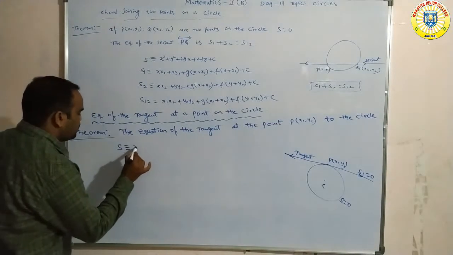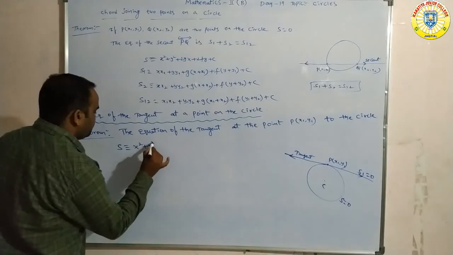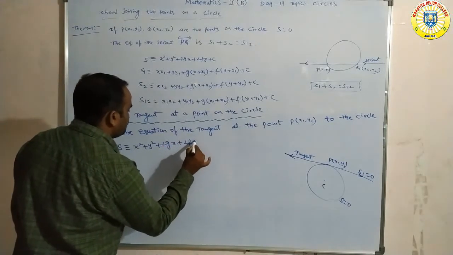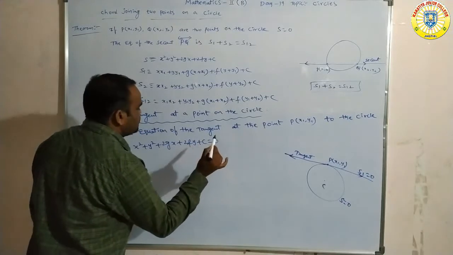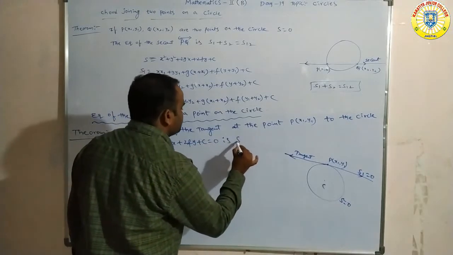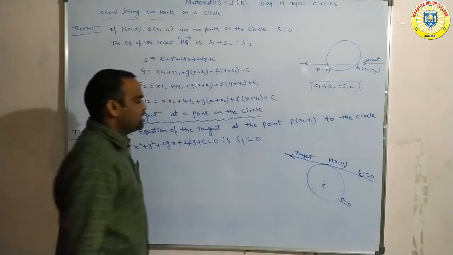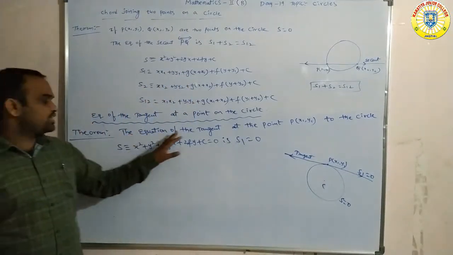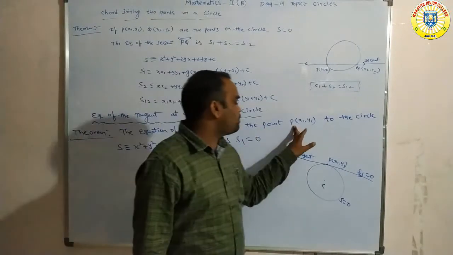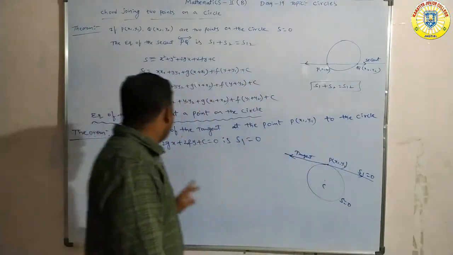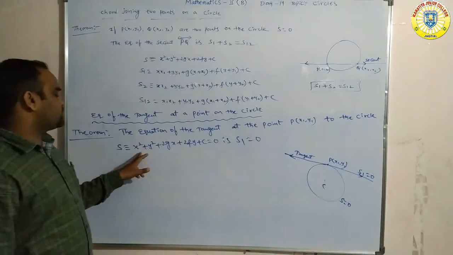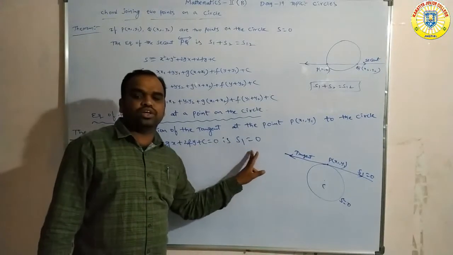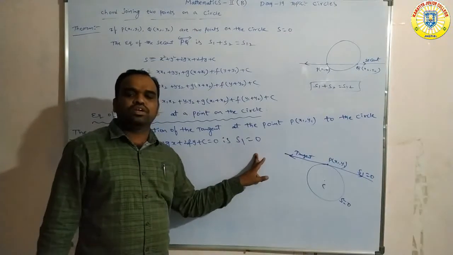S is equal to x square plus y square plus 2gx plus 2fy plus c is equal to 0 is nothing but S1 is equal to 0. See here, the equation of the tangent at the point P of x1 comma y1 to the circle S is equal to x square plus y square plus 2gx plus 2fy plus c is equal to 0 is S1 is equal to 0.